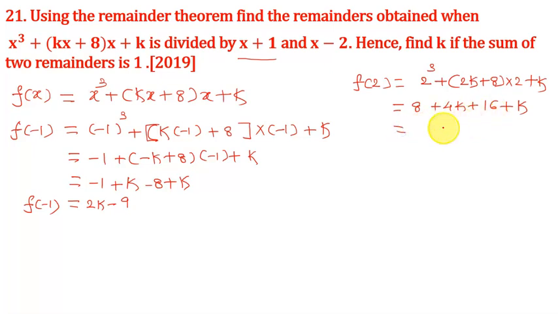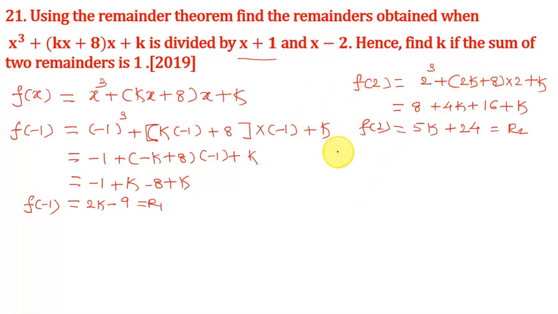Now 4k plus k is 5k. Now 8 plus 16 is equal to 24. This is f of 2. This is the first remainder r1 and this is the second remainder r2.